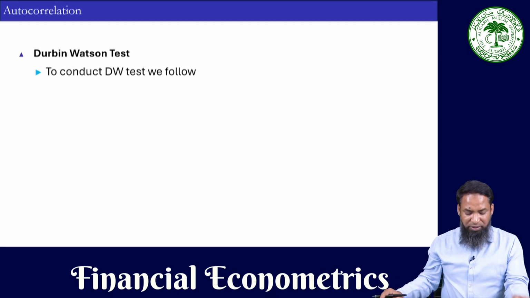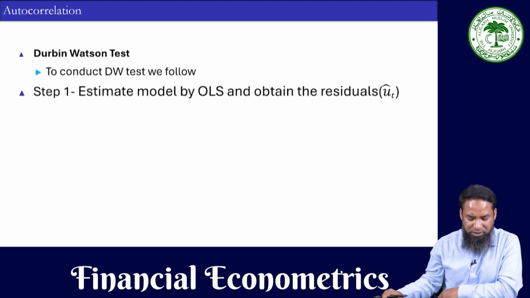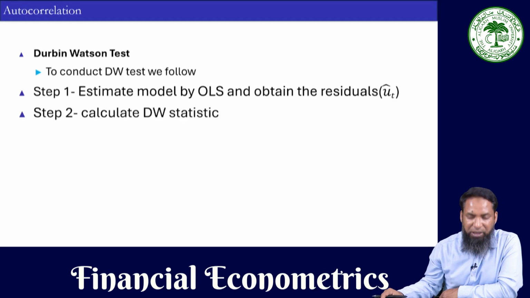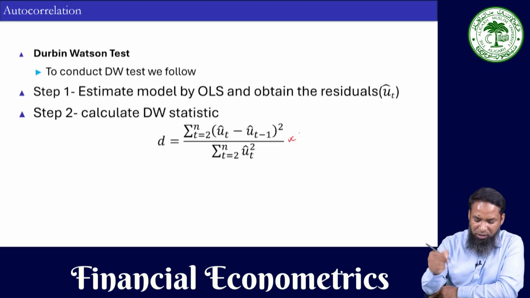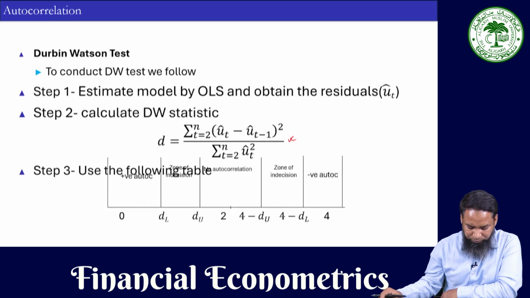Then, to conduct the Durbin-Watson test, first estimate the model by OLS and obtain the residuals. Then the second step, calculate the DW statistic. How do we calculate that? Using this particular formula here. Once we calculate it, in step 3 we will make use of the following table.